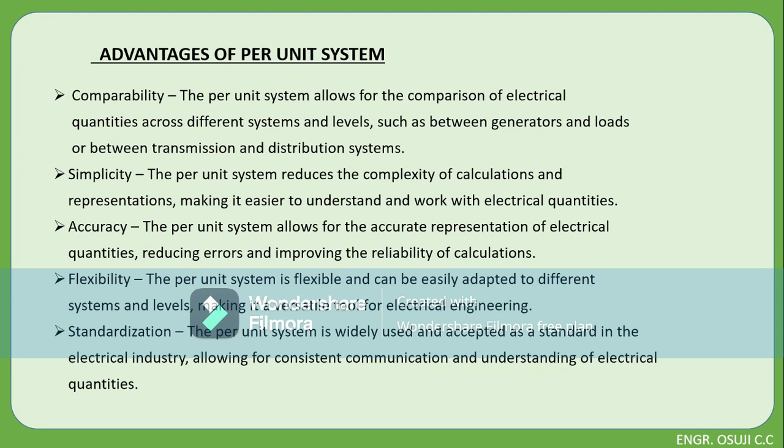So it reduces that burden of work. Then accuracy. Since we'll be working with lower values of quantities, errors in calculations are greatly reduced, because the size and volume of data we're working with has been reduced.